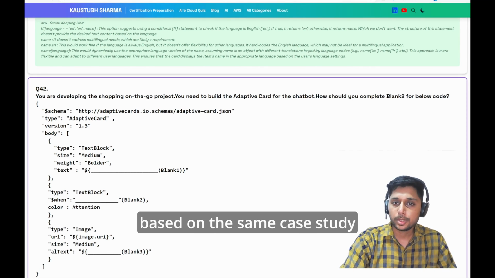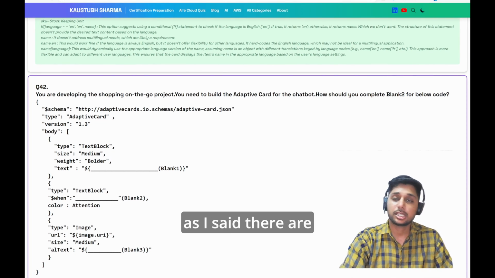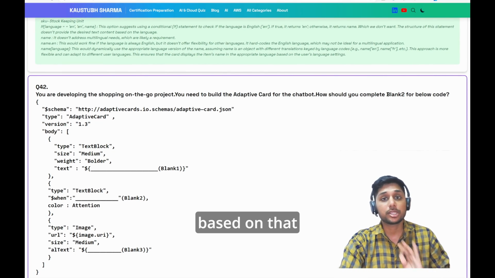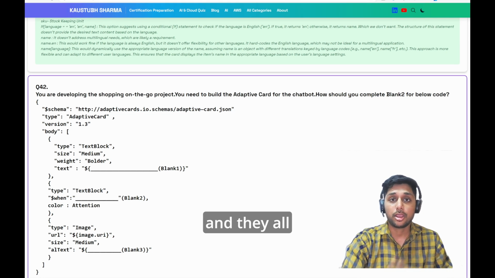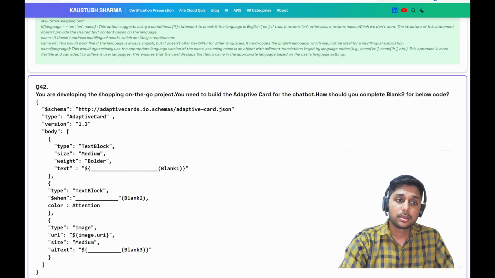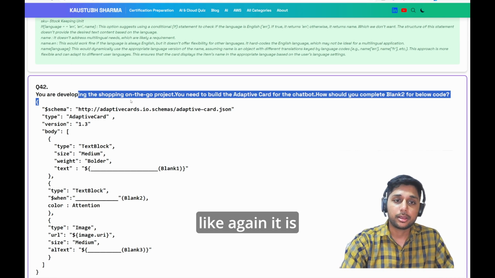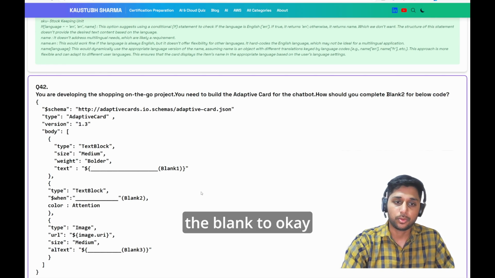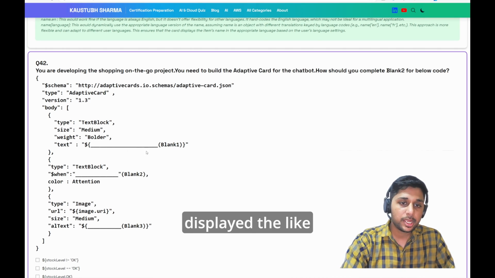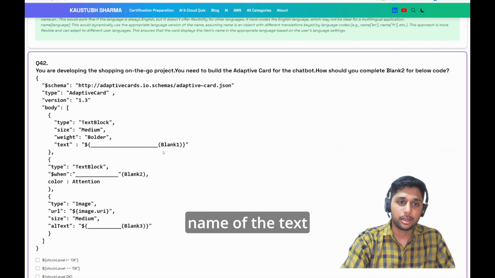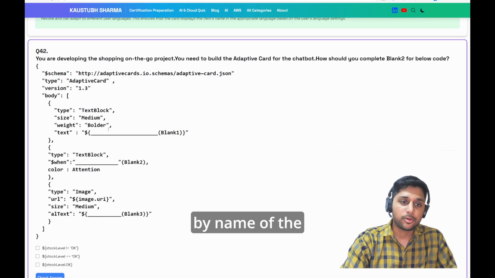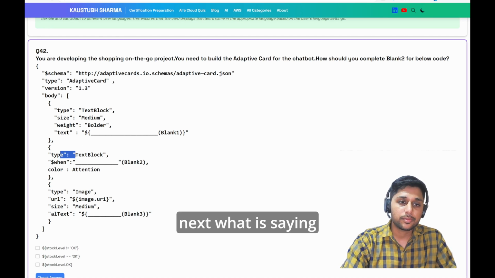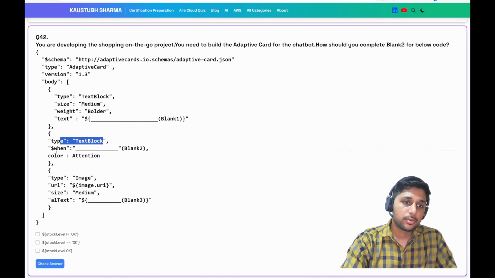Next question, it is also based on the same case study. As I said, there are multiple questions based on that single case study, and they all came in the exam. Again, we are developing the shopping on the go app, and it is asking for blank 2. So now we have displayed the text for the name of the product. Next, we have to type another text block.